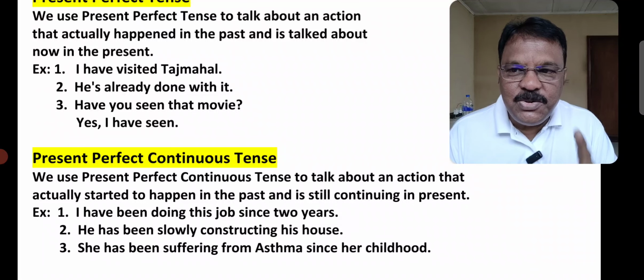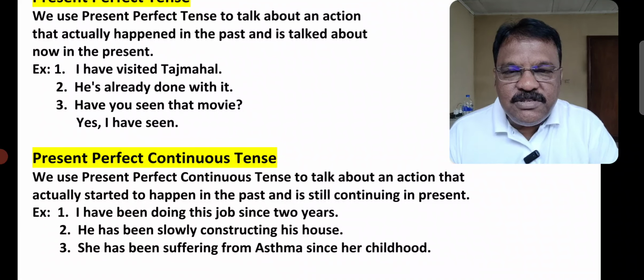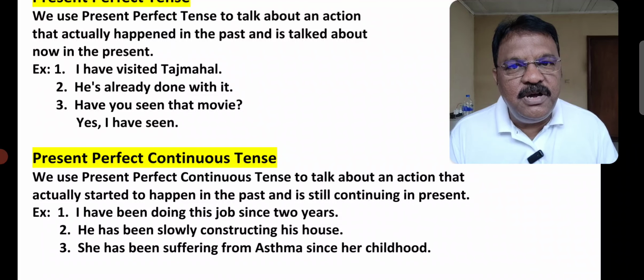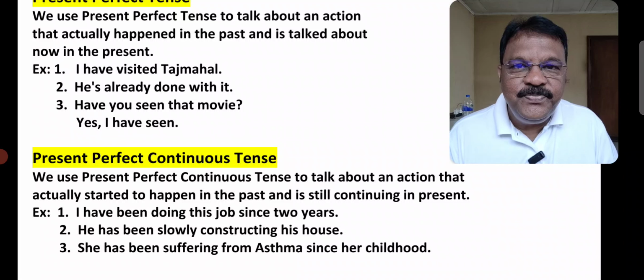Got it? Good. So look at our third example. She has been suffering from asthma since her childhood. What do we mean to say here in this sentence?